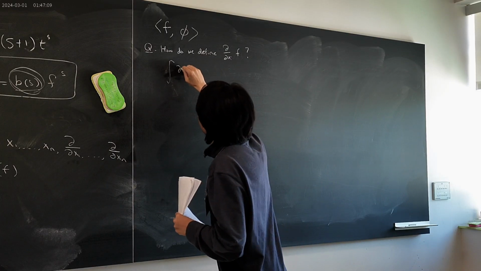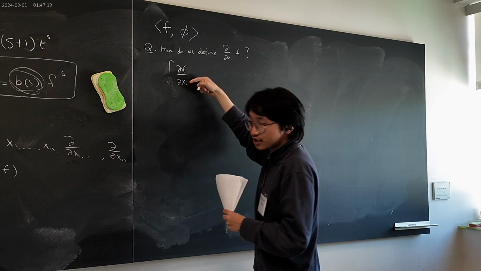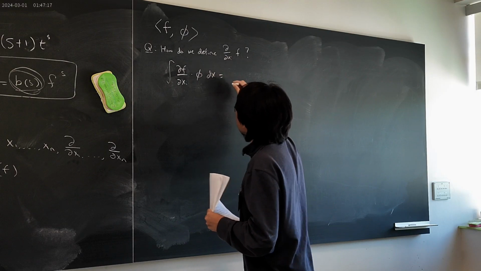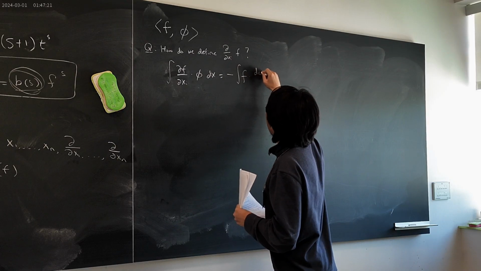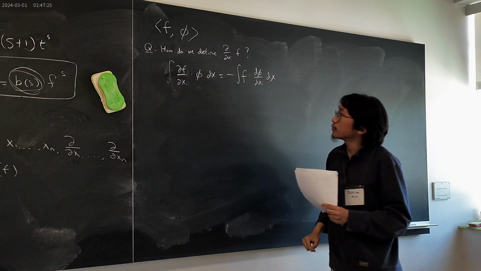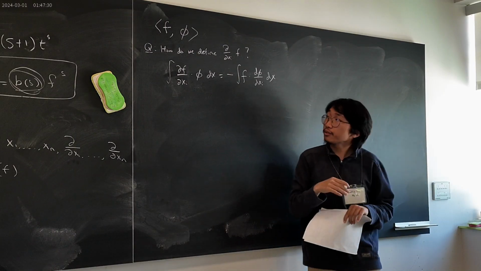The expression that we want to be true is that the integral of df dxi times phi dx is equal to negative of the integral of f times d phi dxi. Notice that the boundary term goes to 0 because phi is compactly supported.